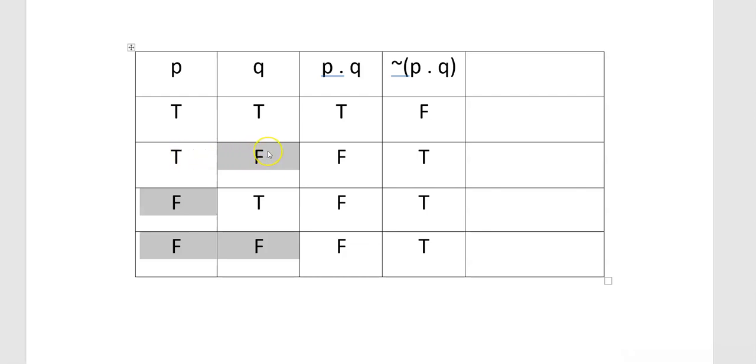In the second row, Q is false. In the third row, P is false. And in the last row, both are false. That is fine. But when I say at least one is false, it means that if any of the conjuncts out of n number of conjuncts is false, then the total value of conjunction is false.